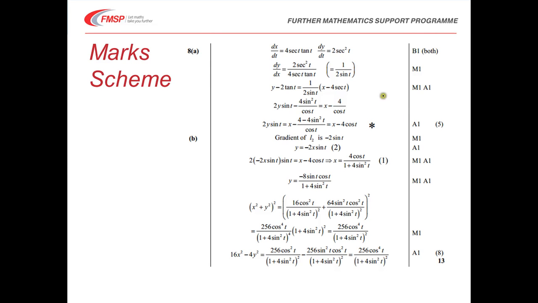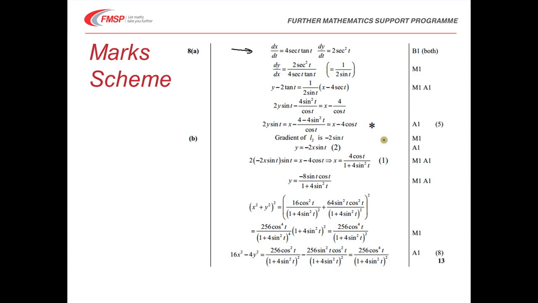Let's have a look at how the marks work out. Notice that there's an alternative version here to get the gradient of the first tangent as 1 over 2 sine t, using the chain rule and differentiating the parameterization with respect to t. And of course it all drops out in the same way. So there are some method marks for getting the gradient, using the standard method for getting the equation of a straight line, and some accuracy marks for 5 there.